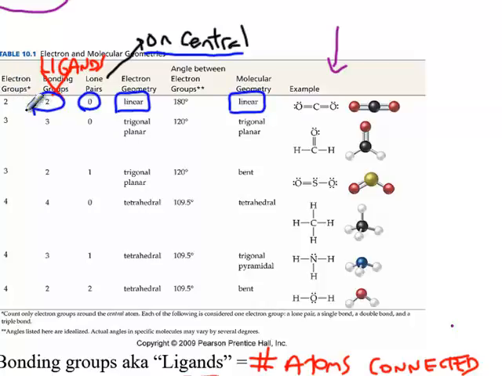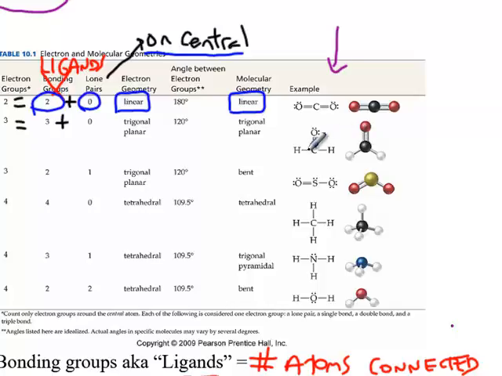The total of ligands plus lone pairs is the first column, the electron groups. So the next row down, 3 comes from 3 plus 0. And you have this picture. Central carbon has 1, 2, 3 ligands, even though again we have 2 single bonds and a double bond.